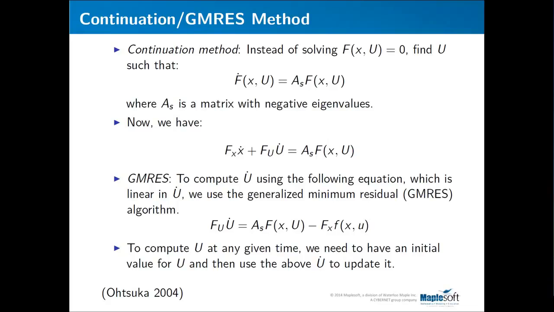Given the current states, the current value of capital U and the vector field of the system, we can compute everything except u dot. And this is a linear equation, so we just need to use a linear solver, in this case the generalized minimum residual or GMRes algorithm, to compute u dot. Once we have u dot, given the current value of u, we can update it and compute the new value of u and return the computed control signal.